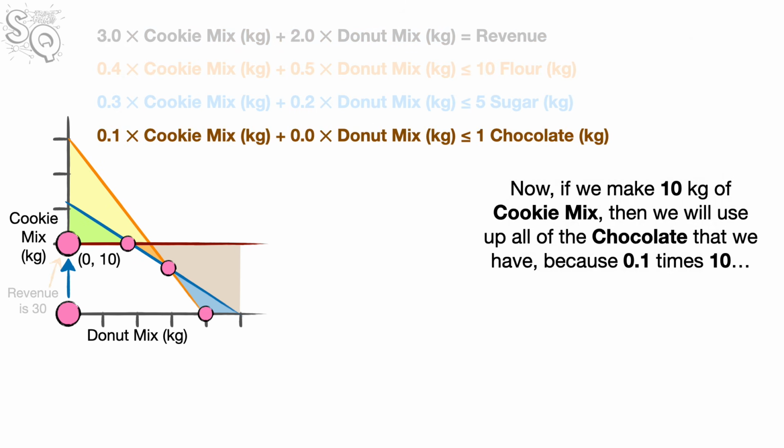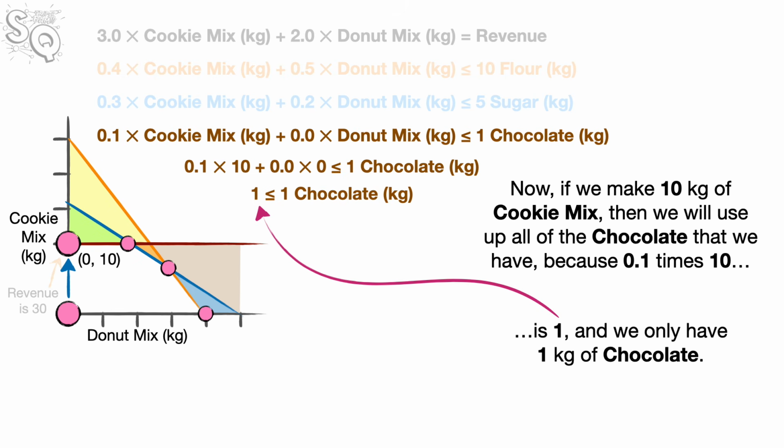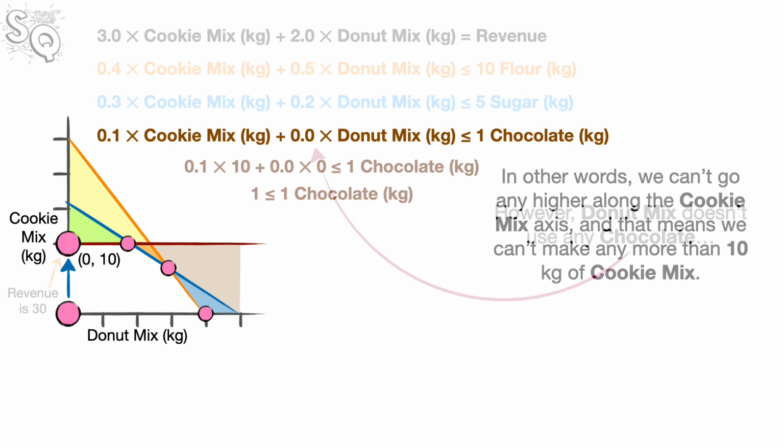Now, if we make 10 kilograms of cookie mix, then we will use up all of the chocolate that we have, because 0.1 times 10 is 1, and we only have 1 kilogram of chocolate. In other words, we can't go any higher along the cookie mix axis, and that means we can't make any more than 10 kilograms of cookie mix.